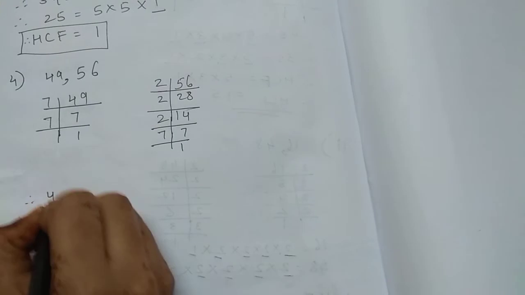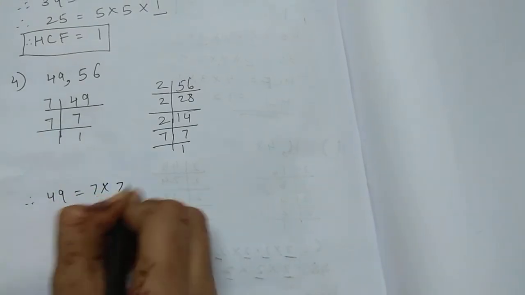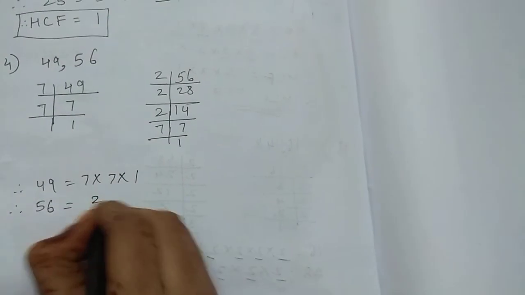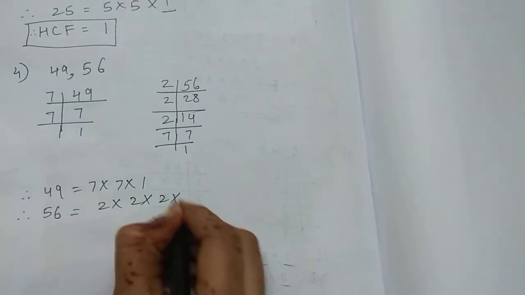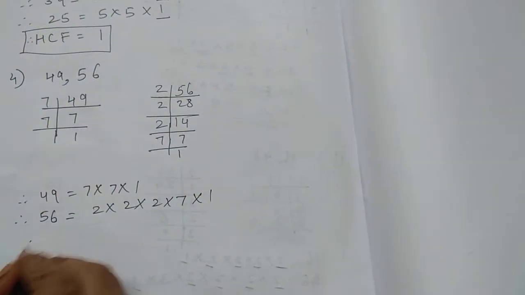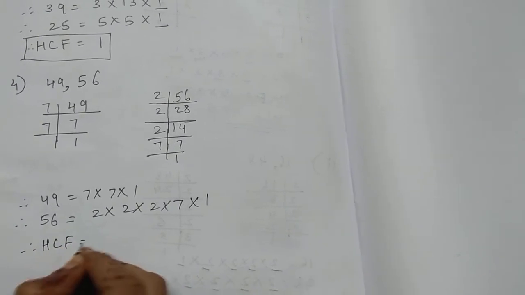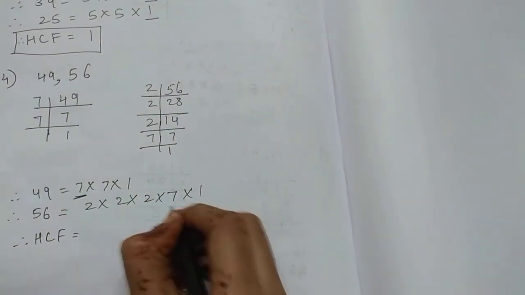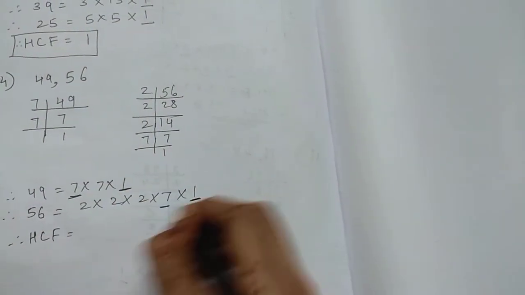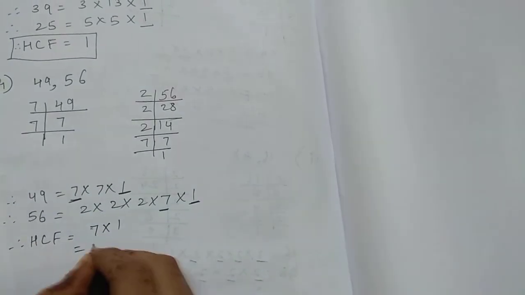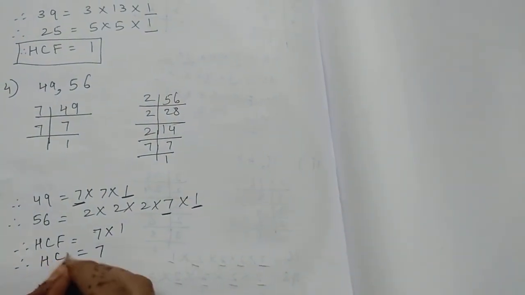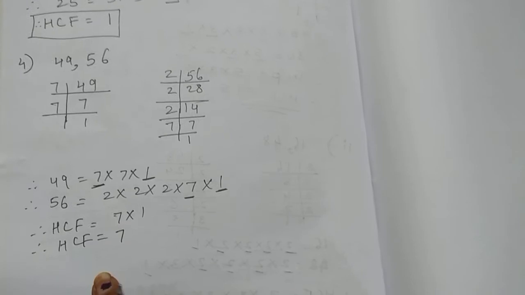So therefore 49 equals 7 into 7 into 1, and 56 equals 2 into 2 into 2 into 7 into 1. So what is common? 7 and 1, that is 7. Therefore, the HCF of 49 and 56 is 7.